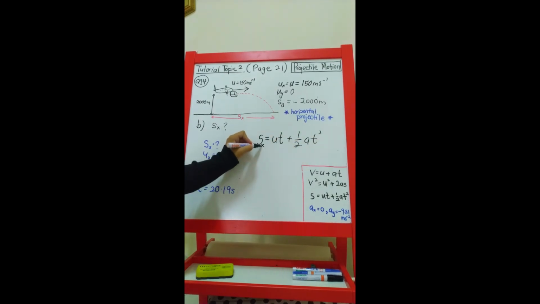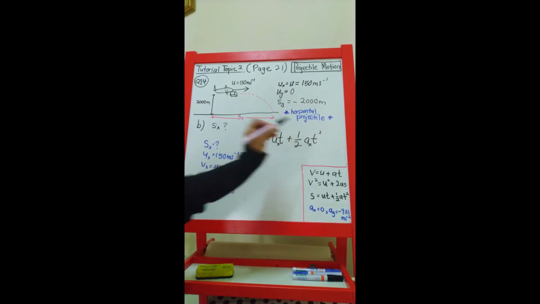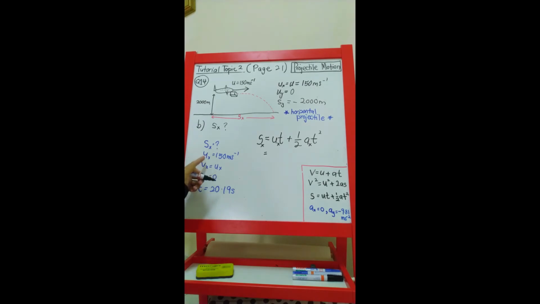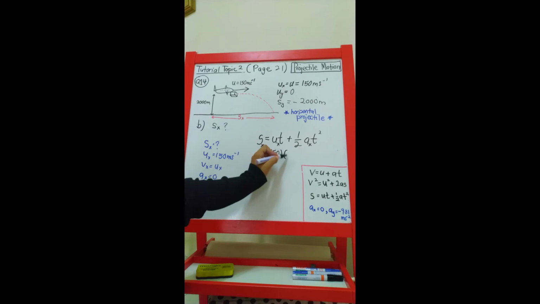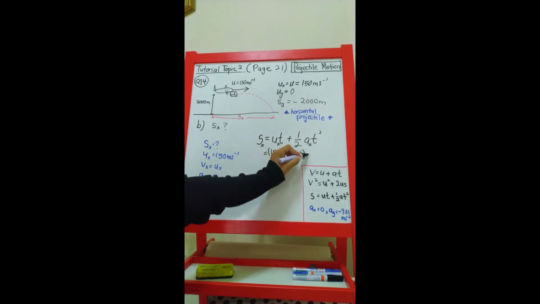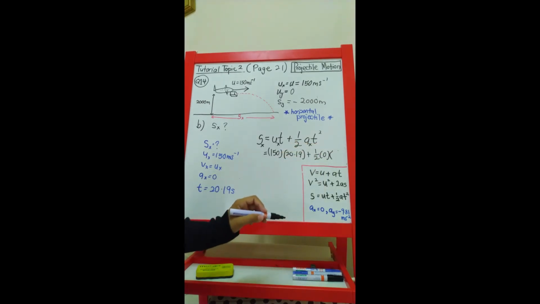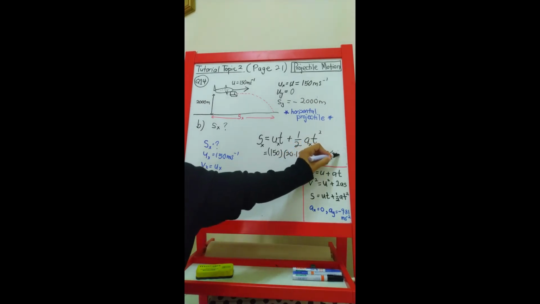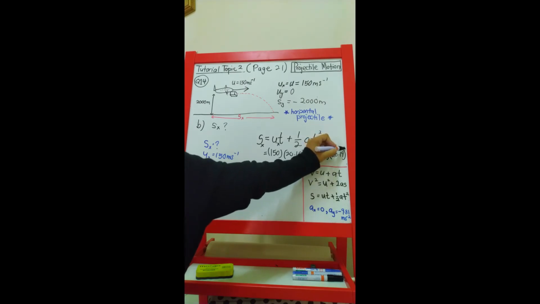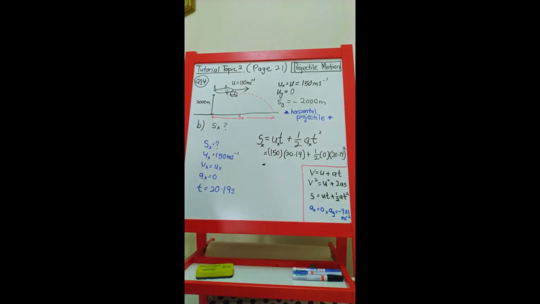But this time we're going to use the x component. So uxt, 150 times 20.19, plus half ax, which is 0, times t squared. Therefore we get sx equals 3028.5 meters.